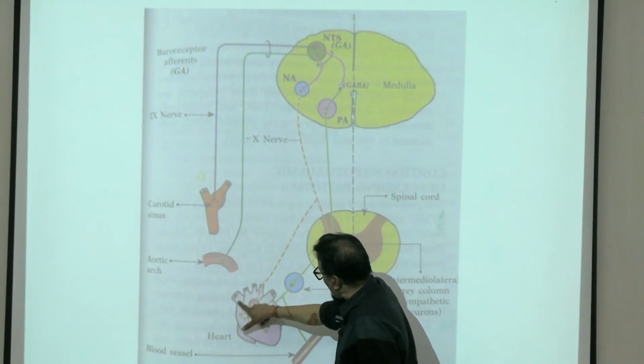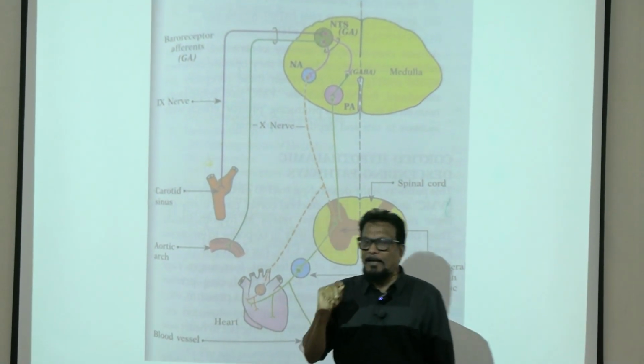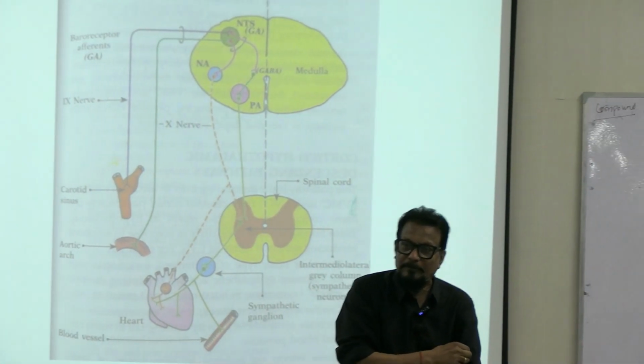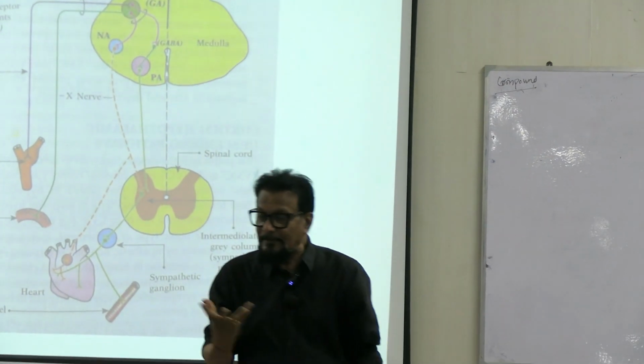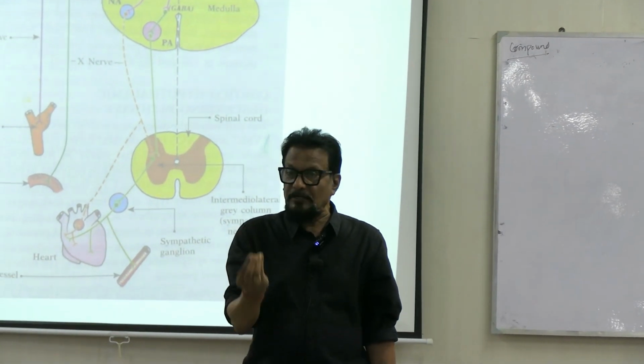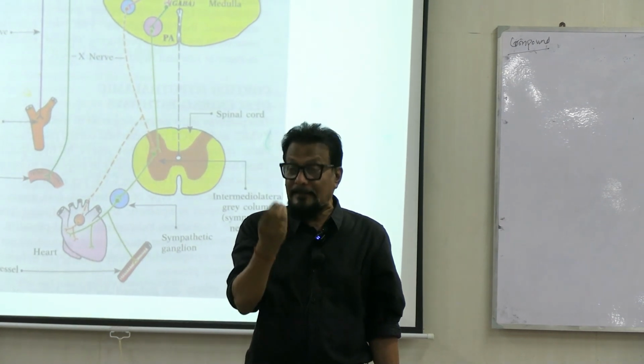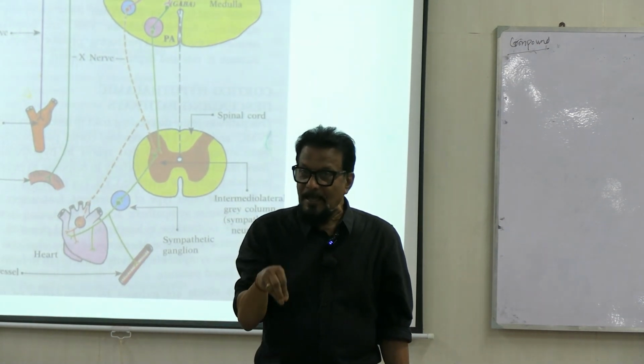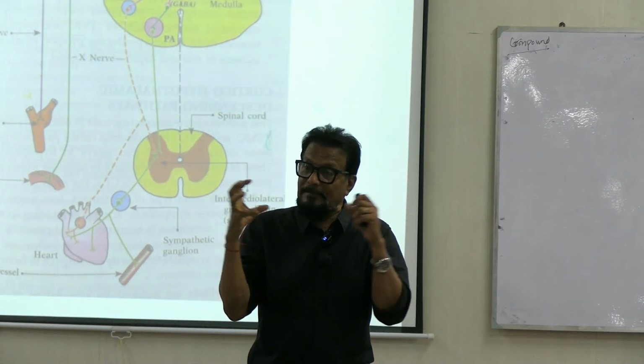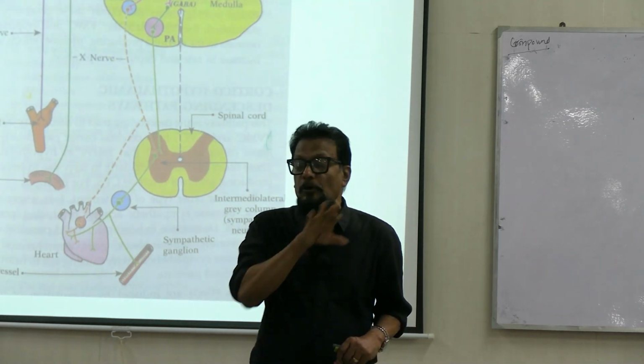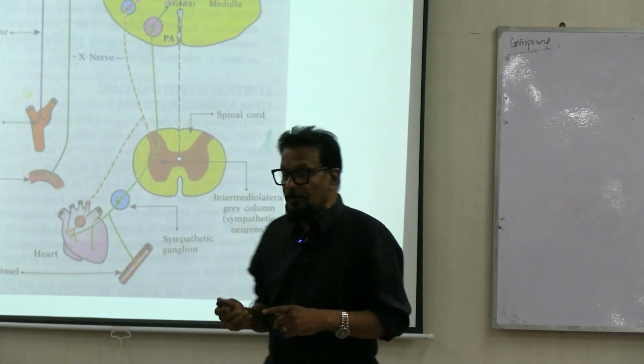It will affect the heart and liberate acetylcholine, and acetylcholine has the opposite effect. It reduces production of cardiac impulse, so heart rate will be decreased, and its contractility will also be decreased, conductivity will also be decreased.